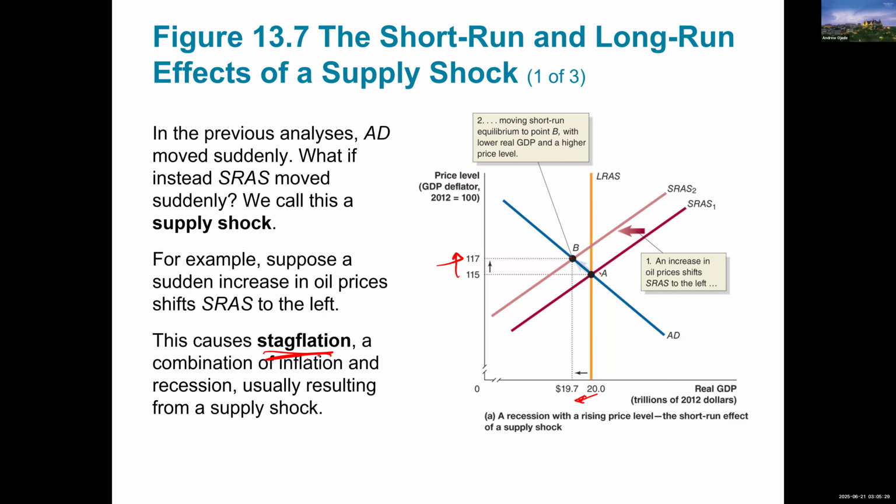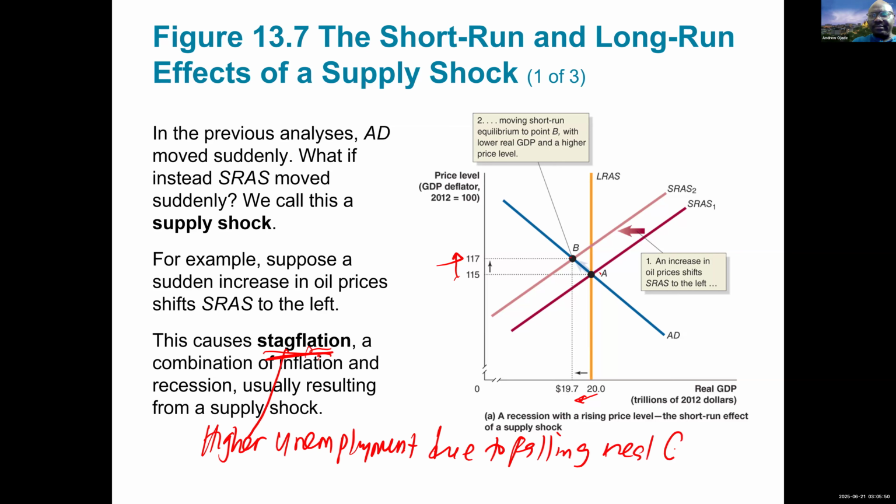Stagflation is when you have a recession, at the same time you have inflation. Recession means high unemployment. So stagflation means higher unemployment, again, I talked about it earlier, due to falling real GDP because of a recession and rising prices, which we call inflation, happening simultaneously.